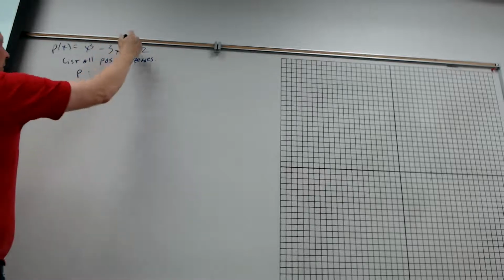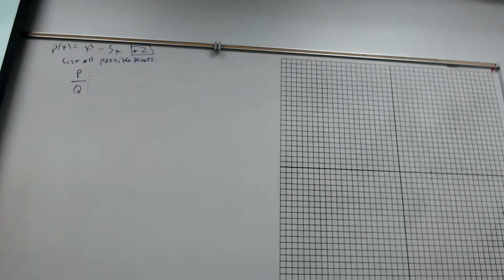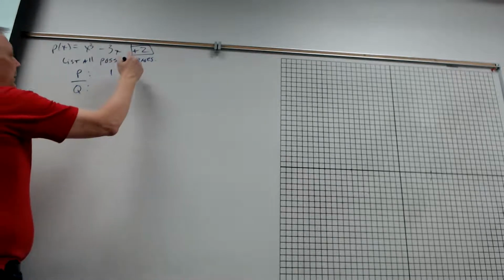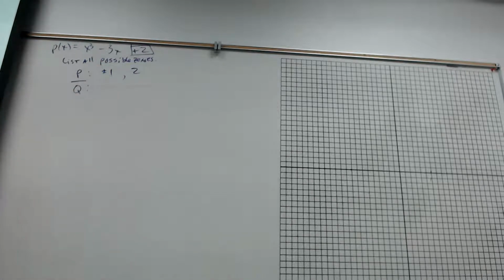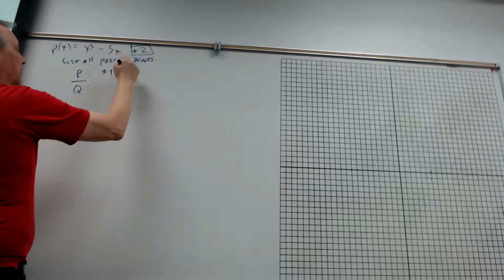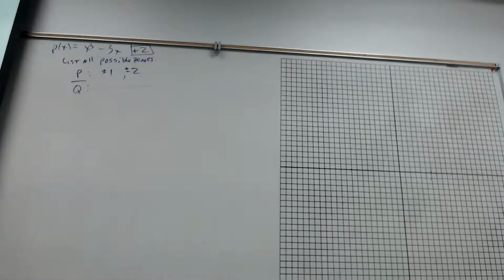What are all the possible factors of 2? Let's pick on Mary. All the possible factors of 2 are 1 and 2, right? And it could be plus or minus, right? So you could have a plus or minus 1. You could also have a plus or minus 2. Okay?